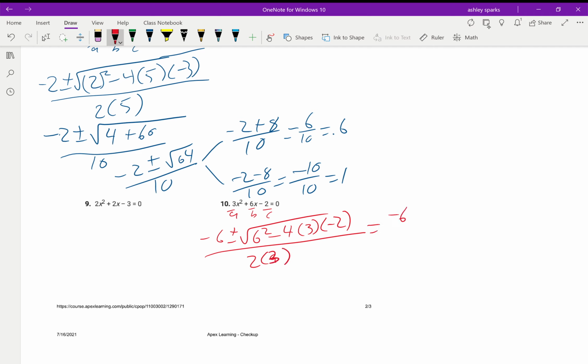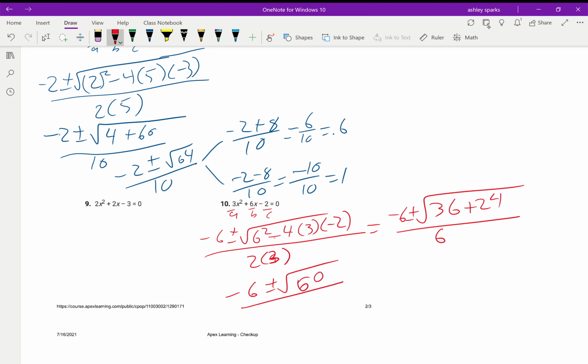Simplifying, we get negative 6 plus or minus 36 minus, plus 2 negatives in here, so I'll get a plus 12. 12 times 2, 24, all of that over 2 times 3, which is 6. Simplifying, negative 6 plus or minus 36 plus 24 is 60 over 6.